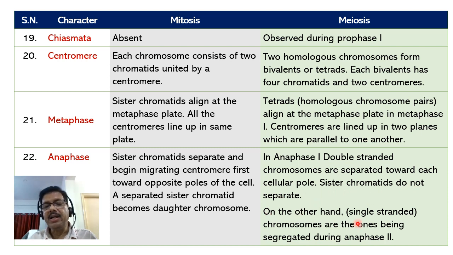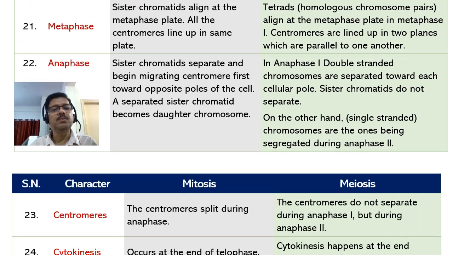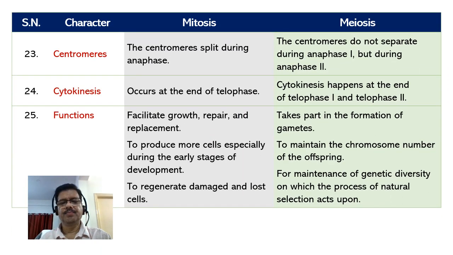On the other hand, chromosomes are the ones being segregated during anaphase II. Centromeres: the centromeres split during anaphase. The centromeres do not separate during anaphase 1 but separation takes place during anaphase 2.